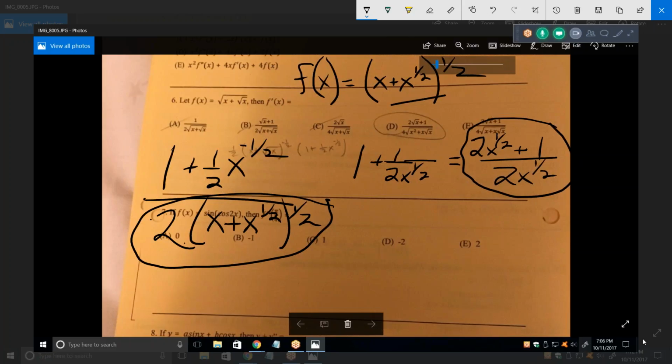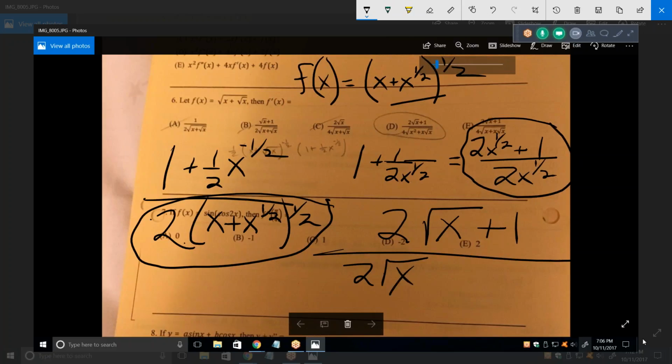So now my numerator should be 2 times the square root of x plus 1, all over 2 times the square root of x, and I have another 2 times x plus square root of x.